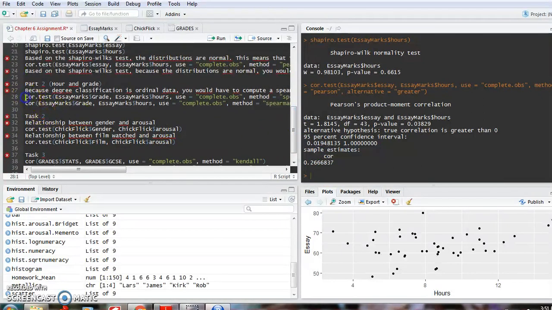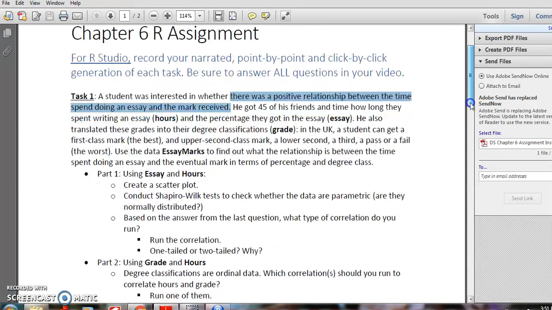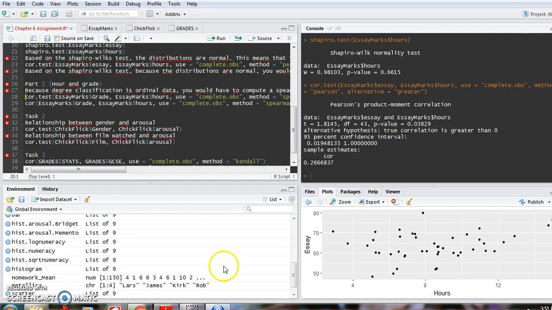Now for part 2 of task 1, we are asked to run a correlation between hours and grades, specifically which correlation we should run. Given that our degree classifications are ordinal data, we have the choice of running Spearman's rho or Kendall's tau. Personally, I use Spearman's rho.